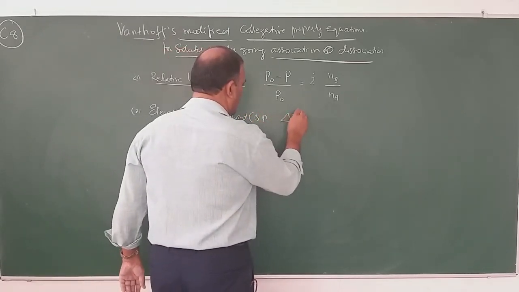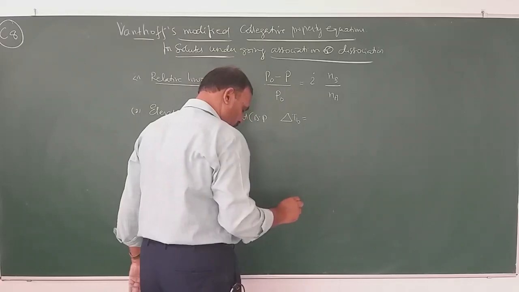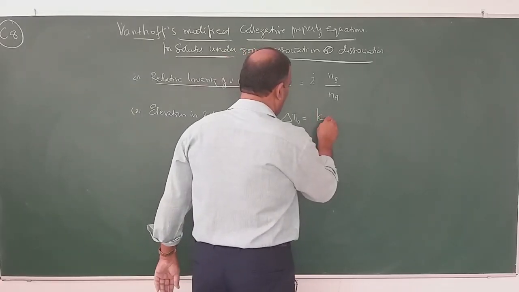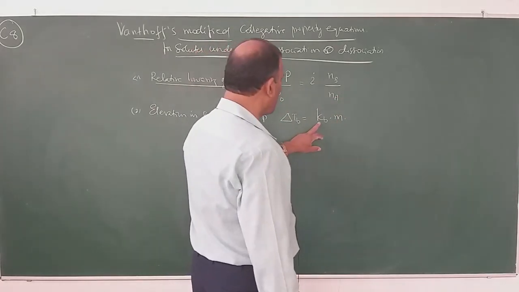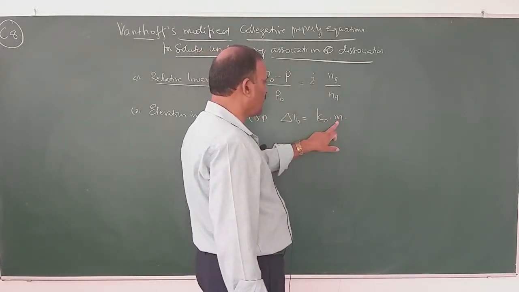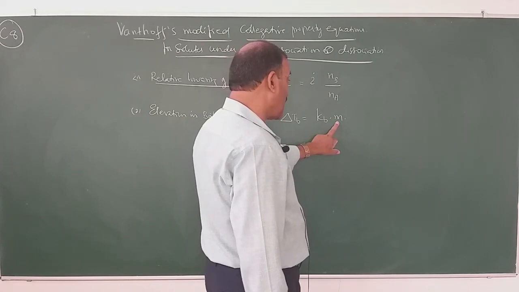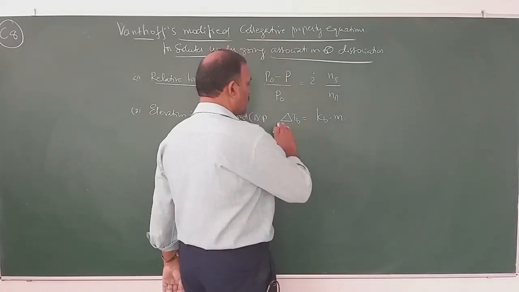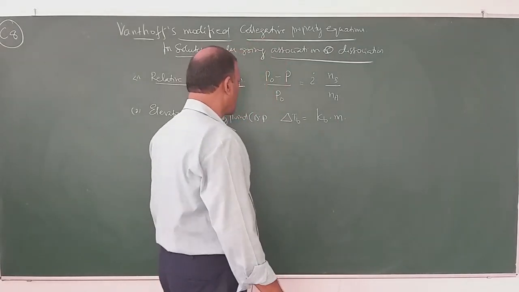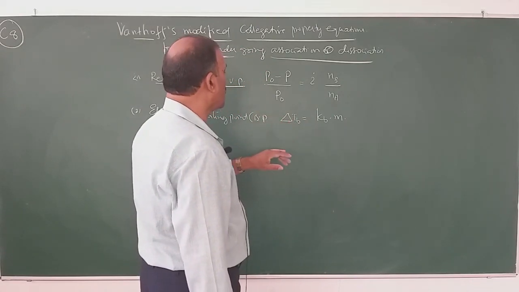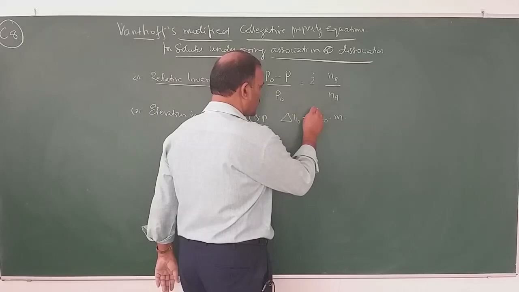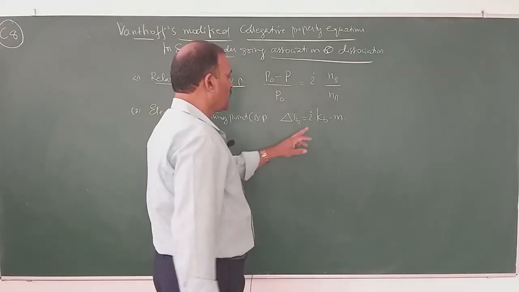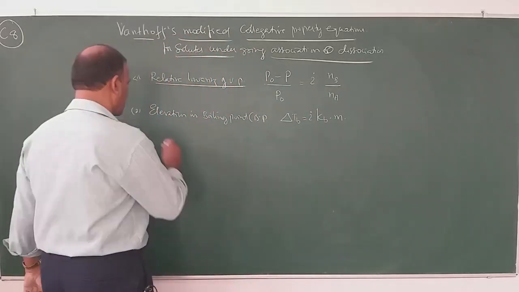So delta Tb is equal to Kb into m, where Kb is the ebullioscopic constant and m is the molality of the solution. So this is the equation for solutes which do not undergo association or dissociation. If they undergo association or dissociation, we have to introduce i, that is the Van 't Hoff factor.